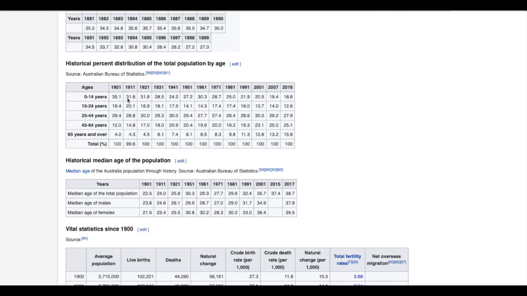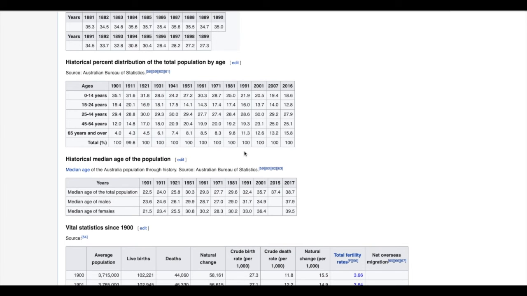And you can see here 0 to 14 is declining. So the government needs to make decisions about that. They can start to use this information to make decisions to support older people rather than younger people. But for your park, you need to think about what the age means for your park.